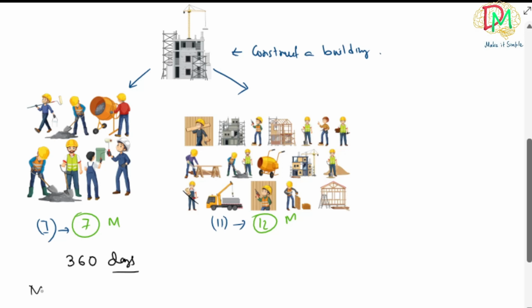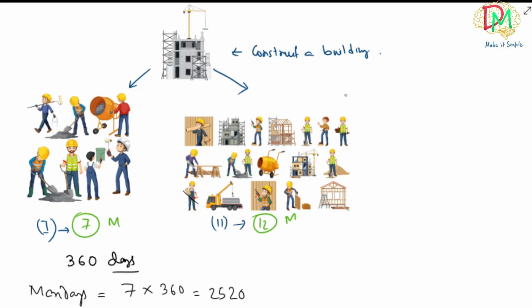The man days is actually 7 men for 360 days, which is equivalent to 2520 man days.